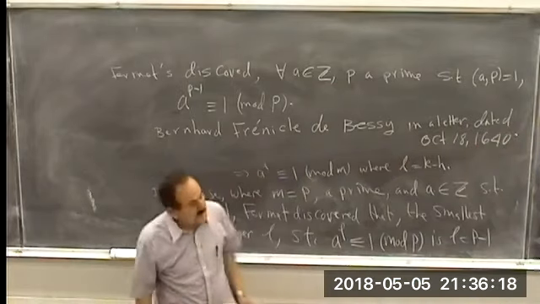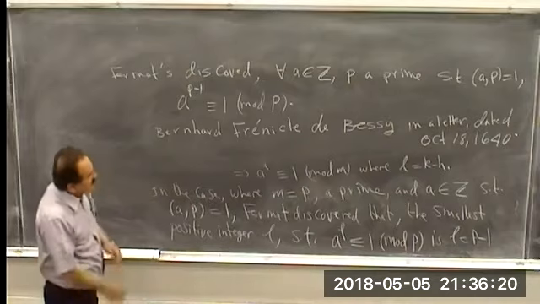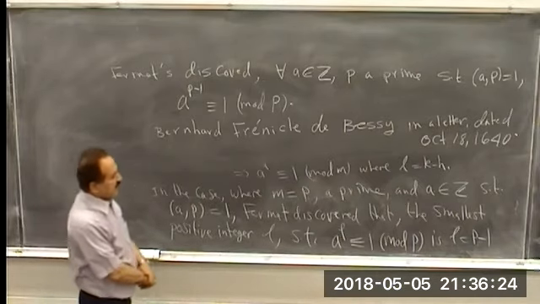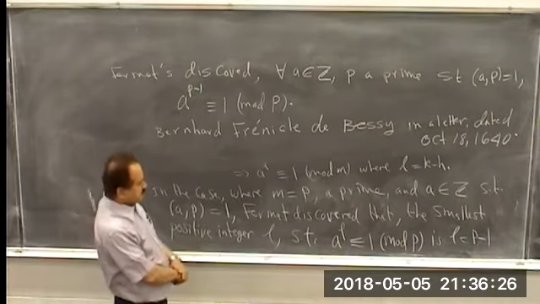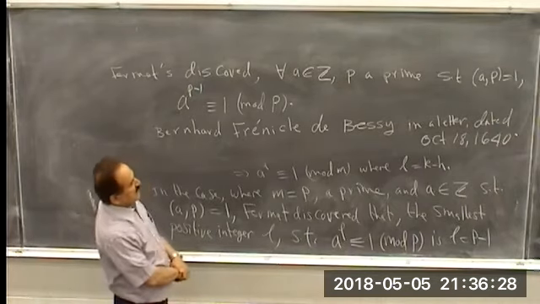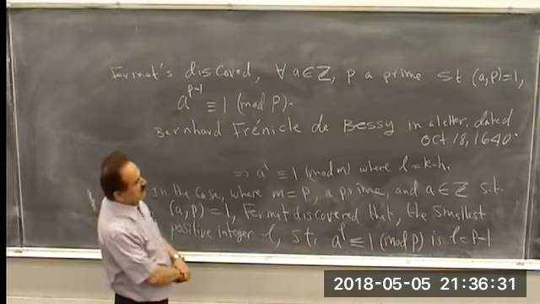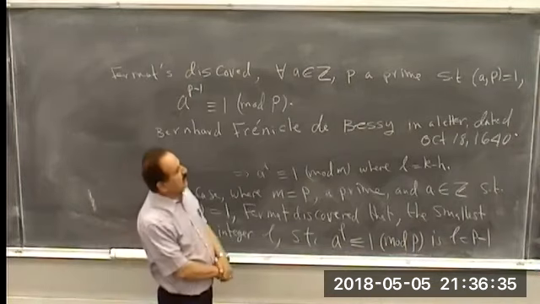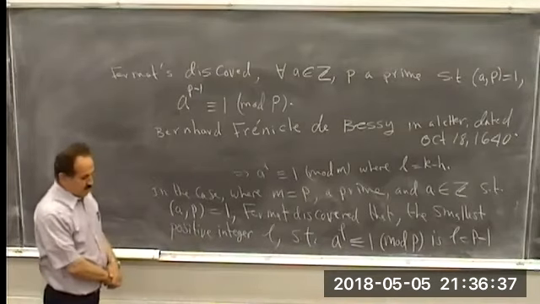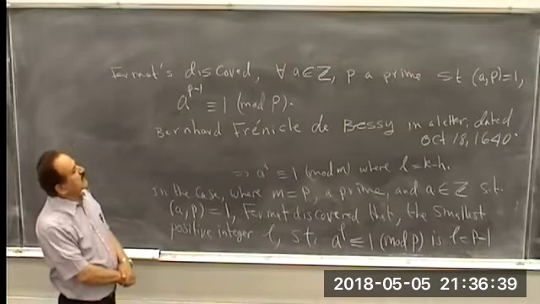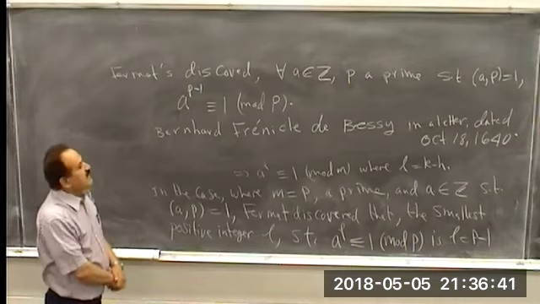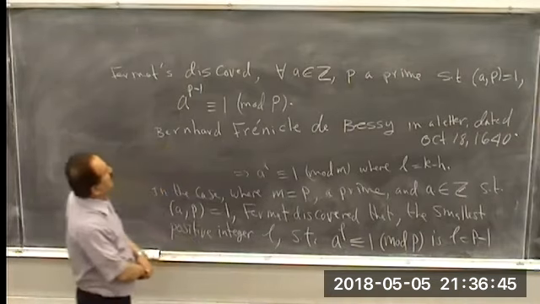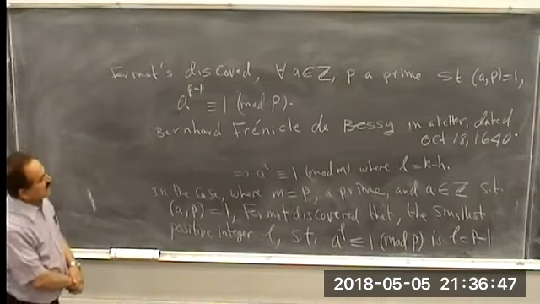And in the letter, he mentioned this discovery. He also states in the letter that he would like to give a proof, but it would be too long for his friend. So he did not include the proof, and the proof wasn't found among Fermat's papers.